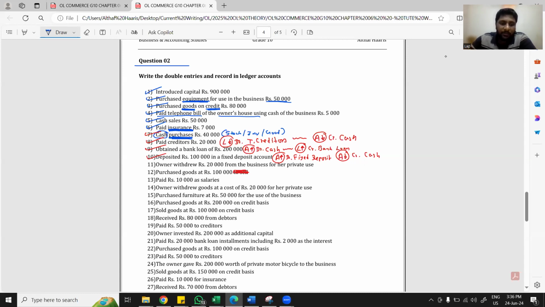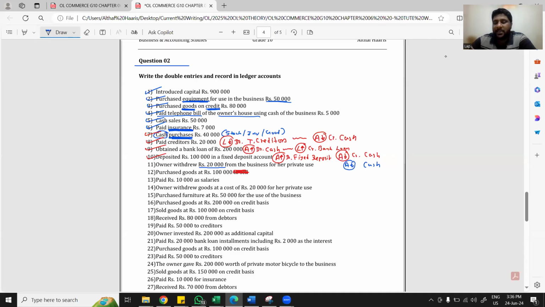In transaction number 11, what do you have? Owner withdrew 20,000 from the business. So people, if the owner takes money from the business, what will happen to the business cash? Your cash asset will decrease.